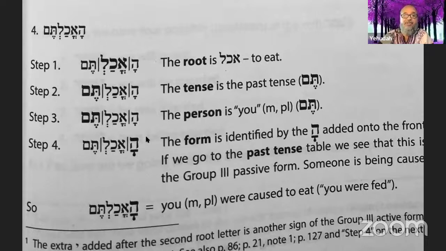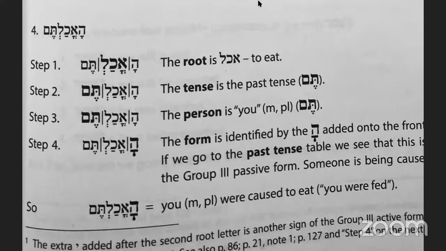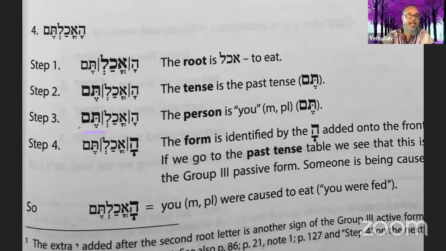Step number three, the person, the you. How do you know it's masculine plural? Because of the ending tem. Yes, that's masculine right there. And we know it's plural because of the ending. But also, how do we know that it's you?